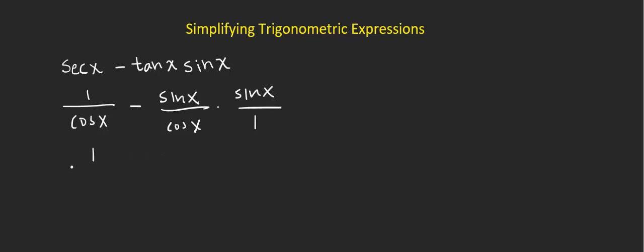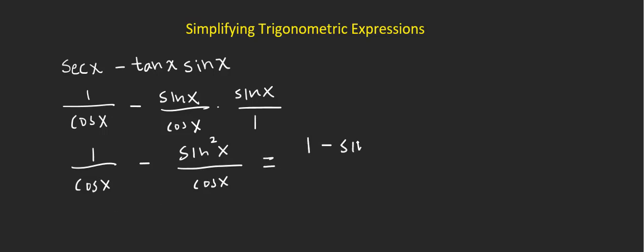So you end up getting 1 over cosine x minus sine x times sine x, which is sine square x, over cosine x. And notice you have a common denominator, so you get 1 minus sine square x over cosine x.